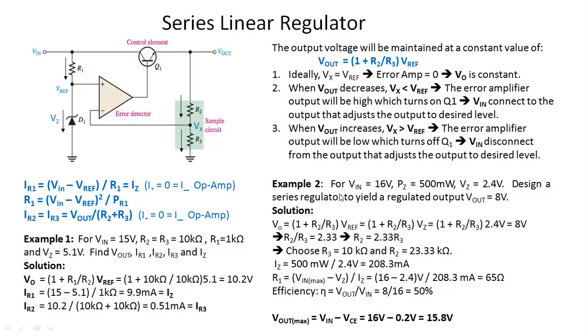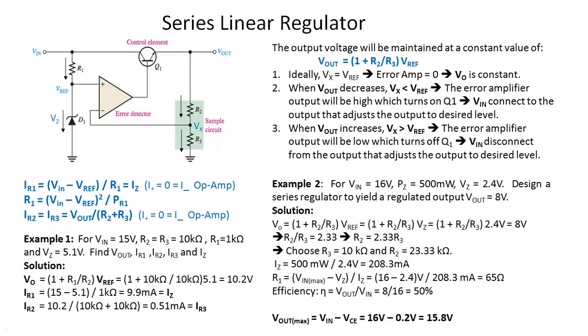So here we are supposed to solve and draw this diagram, and write these values. Here, to yield a regulated output voltage of 8 volt, we are supposed to solve for the series voltage regulator. How can we solve? We need the values for R2 and R3.